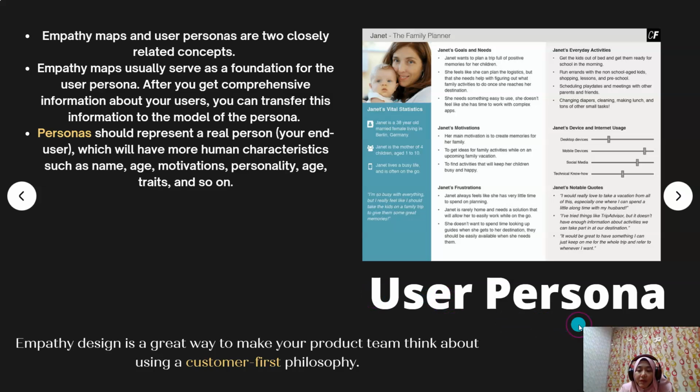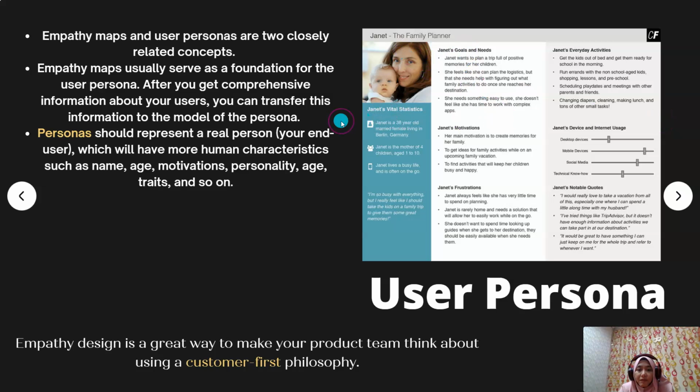Don't worry about this, because we will have a workshop on developing your user persona. We will use it for the project; it is one of the requirements of your project. You can look at the example here: Janet, the family planner.